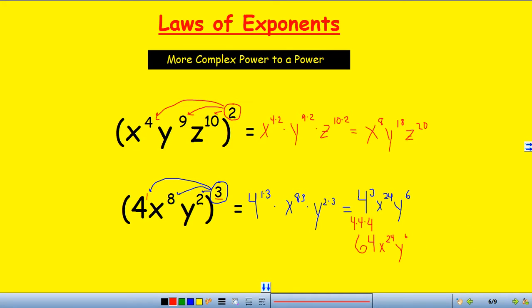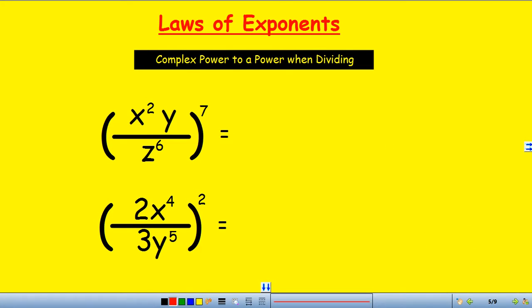Let's look at another complex power to a power, but this is whenever we are dividing. Whenever you are raising a power to a power, once again, it's always multiplying the exponent times the power. So in this case, we know that the power of y is raised to the power of 1, right?